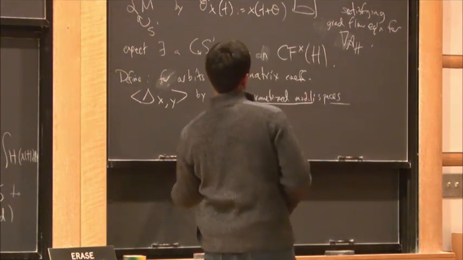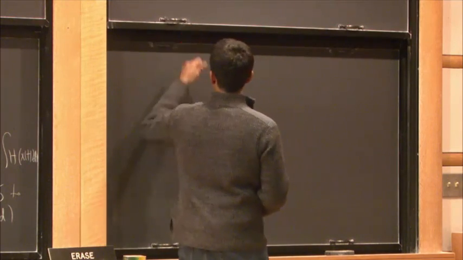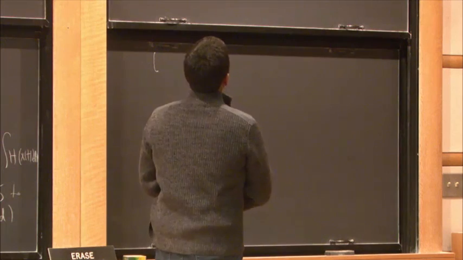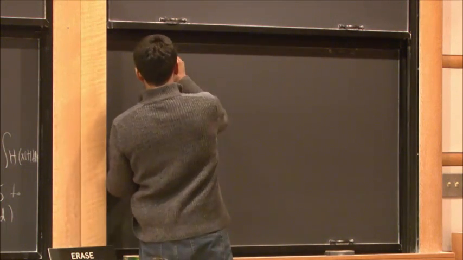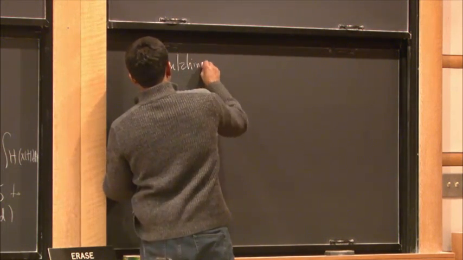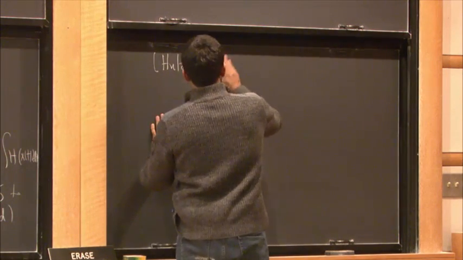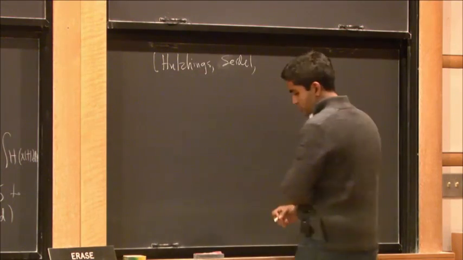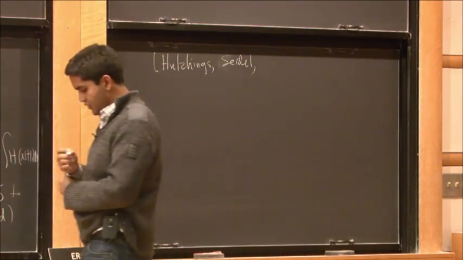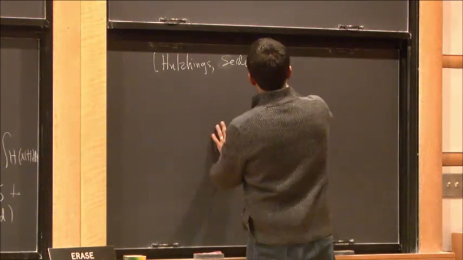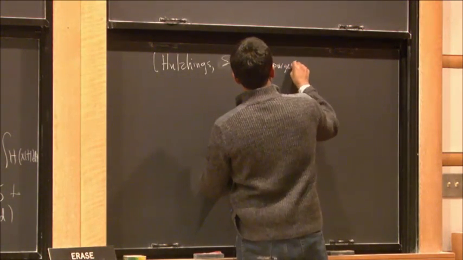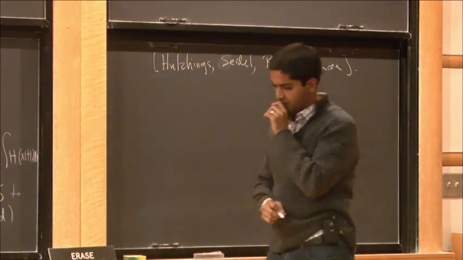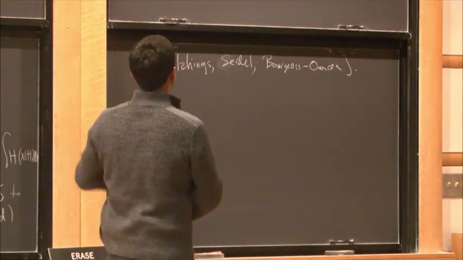Okay, actually, before I continue, let me say that this approach to defining the S1 action, so parameterized moduli spaces, I think, were used in a different setting first by Hutchings. This approach has been suggested at least briefly by Seidel in his biased view survey on symplectic cohomology, and also by Bourgeois and Oancea in their recent preprint.